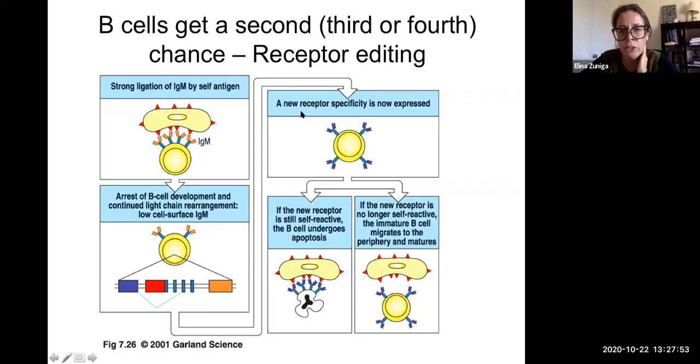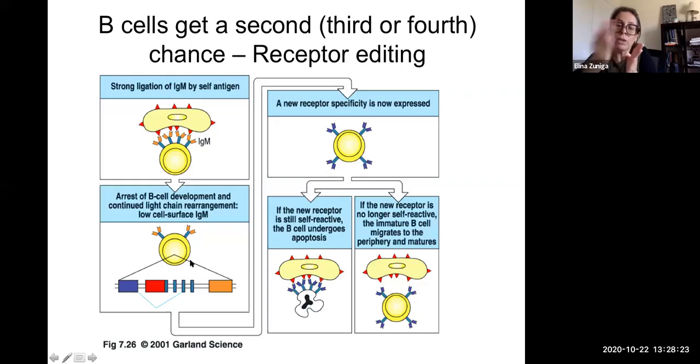So here, with subsequent rearrangement, a new receptor specificity is now expressed, because the receptor specificity, remember, is determined by the variable region of the heavy chain and the variable region of the light chain. The variable region of the heavy chain will be the same, right? Because you can only continue rearranging the light chain.